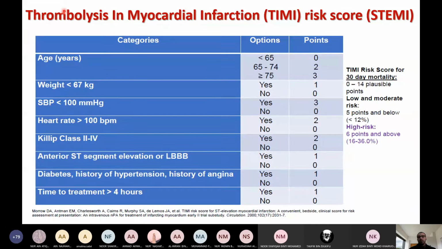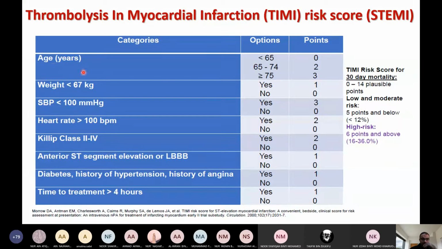And this risk score actually has a different scoring for STEMI and non-STEMI. By the end of the assessment, the patient will take points, and according to the total points, you decide which category this patient falls under: low, moderate, or high risk. High risk is 6 points and above, and this is the percentage of the 30-day mortality risk if the patient is categorized under the high risk category.